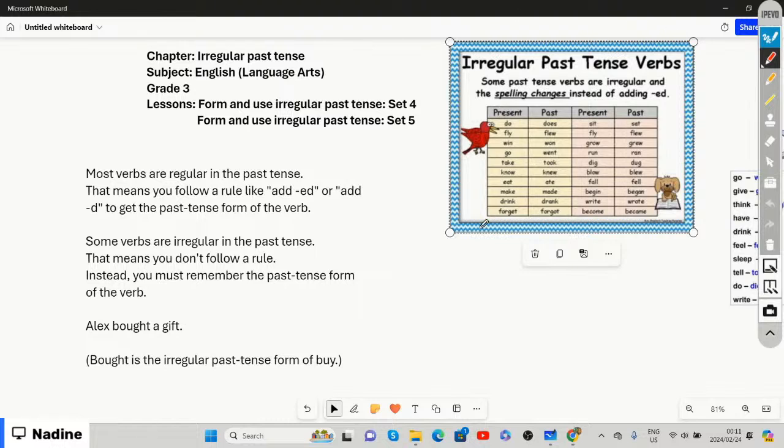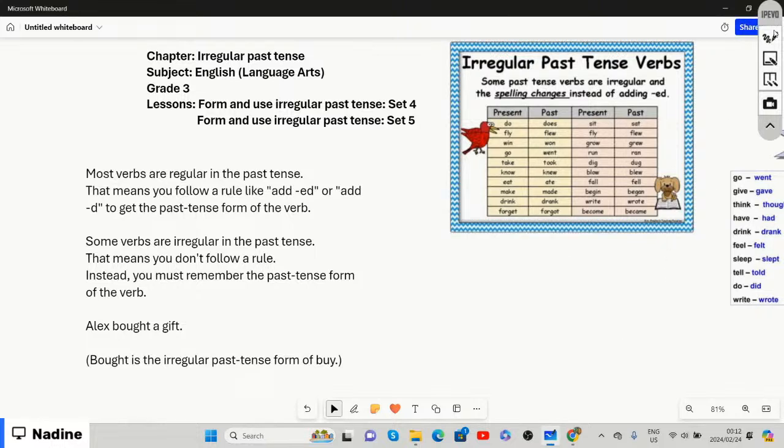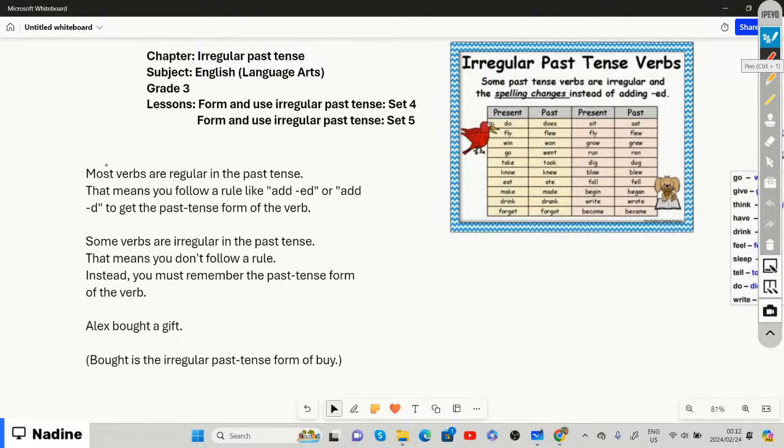And an example is where we say Alex bought a gift. Bought. And let's say the present tense of that word bought is to buy. So which means that the present tense form is to buy.